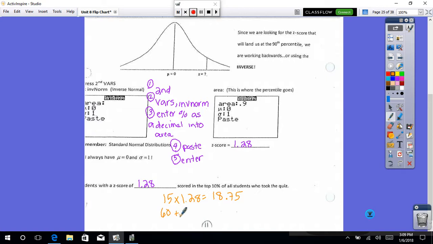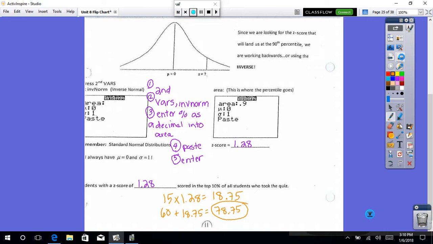Again, I'm just doing this for fun. The average was 60. I'm going to add my points. So that means that Sarah would have actually had to have made a 78.75 in order to go home and tell her parents that she was in the 90th percentile for her test grade. So yes, she was above average, but she wasn't a superstar like she thought she was.